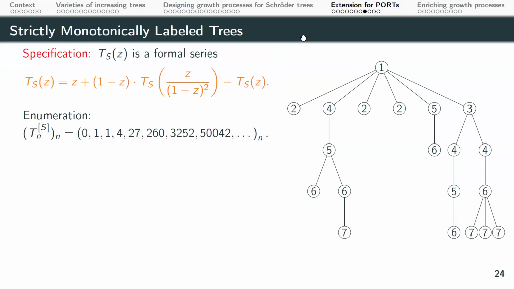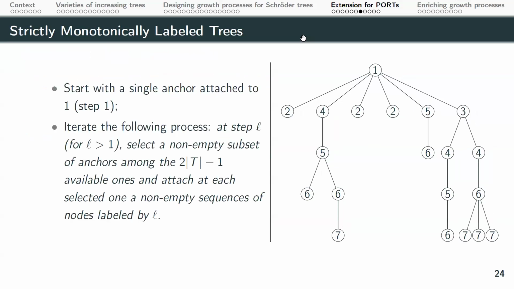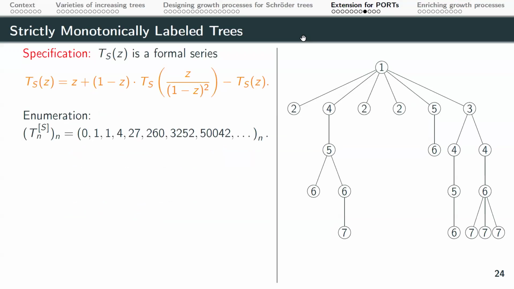And now I want to specify it. So again, T, the generating function, is an ordinary generating function because the fact that I have numbers does not interfere with the way that I am growing my tree. So this is a specification in the ordinary case.